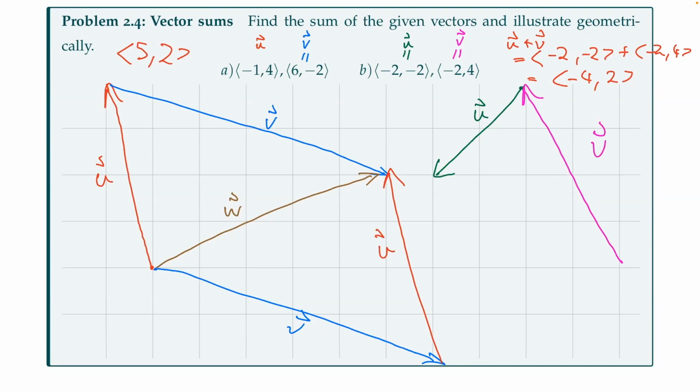We go up 4 units and left 2 units. Then we follow u. We go left 2 units, down 2 units. This is the same as if we had just gone from the start point of v to the end point of u. That's our w. And we could have done these things the other way around. We could have followed u first. So remember, that's down 2, left 2.